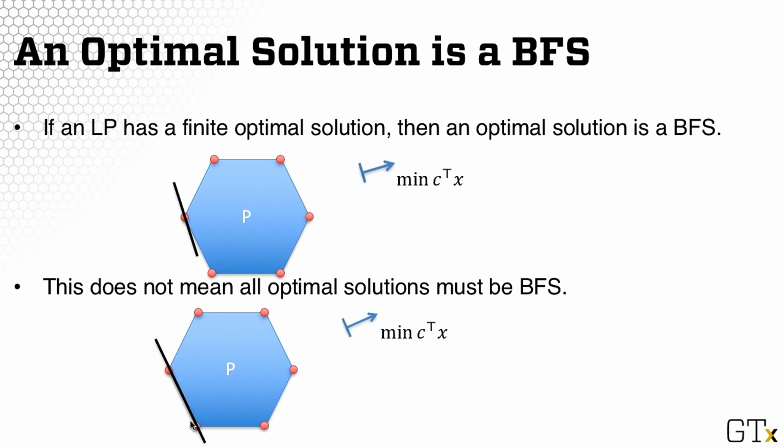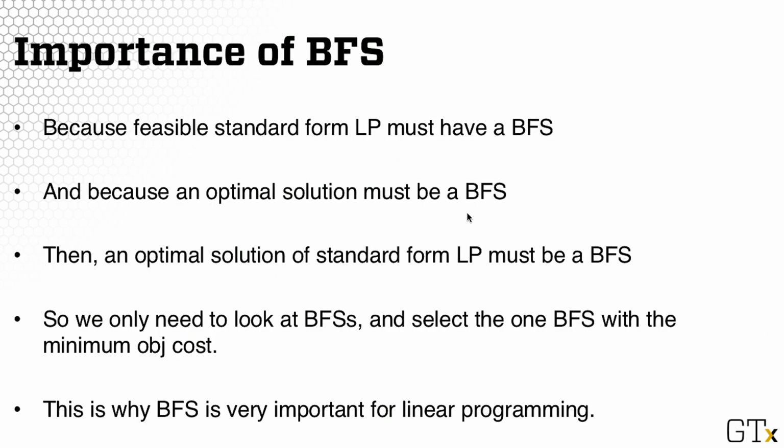Okay, so then you see that it's not true that every optimal solution is a basic feasible solution, because we only have 2 basic feasible solutions here that are optimal. But one of the optimal solutions is a basic solution, for example, here or here. So that's why I carefully said an optimal solution is a basic feasible solution.